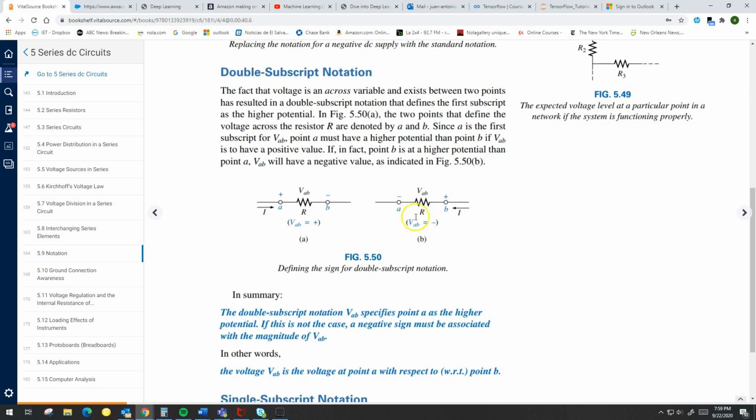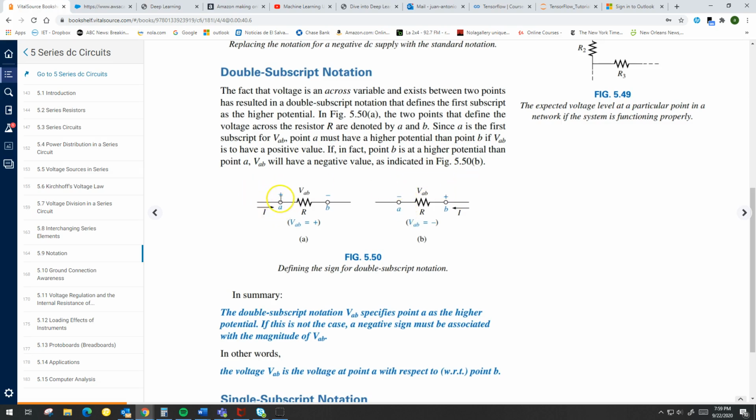Same thing here, right? If we follow the notation and direction of current flow, we know the current is going from B towards A. So if you were to put a meter from A to B, positive in A and negative in B, you'll get a negative voltage, right? Because you'll be measuring a negative voltage.